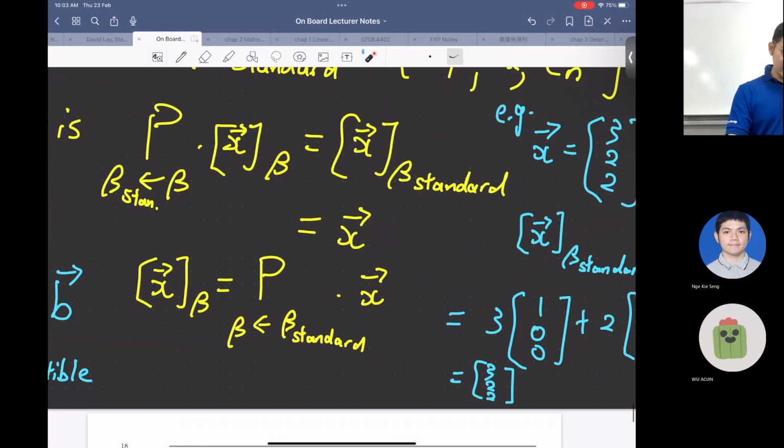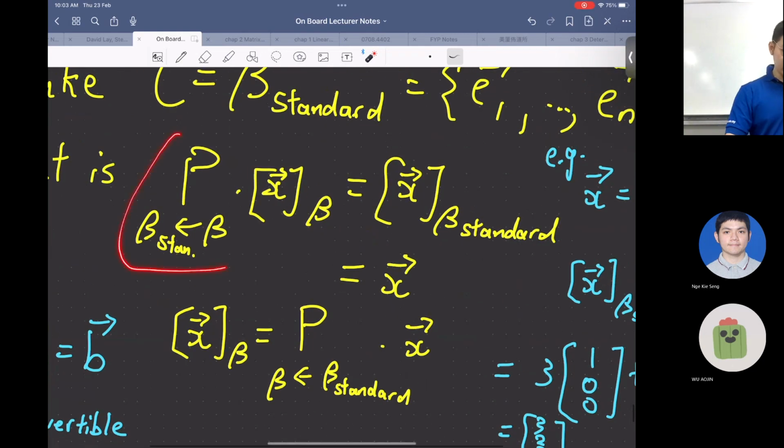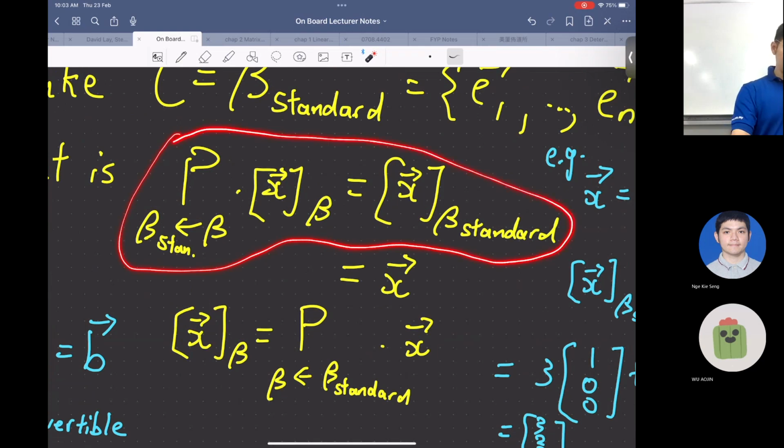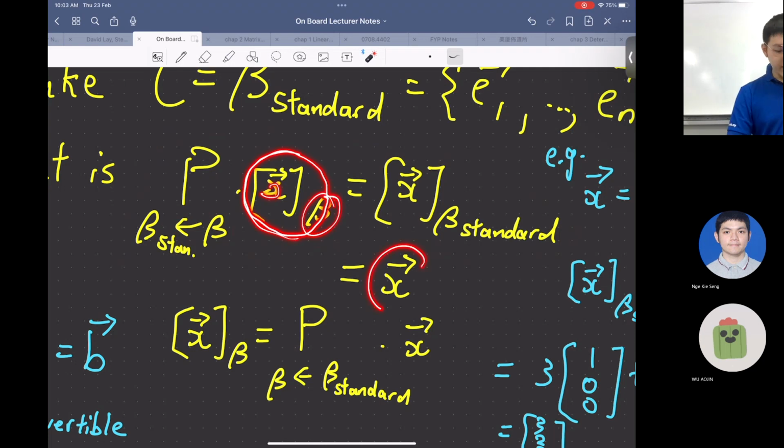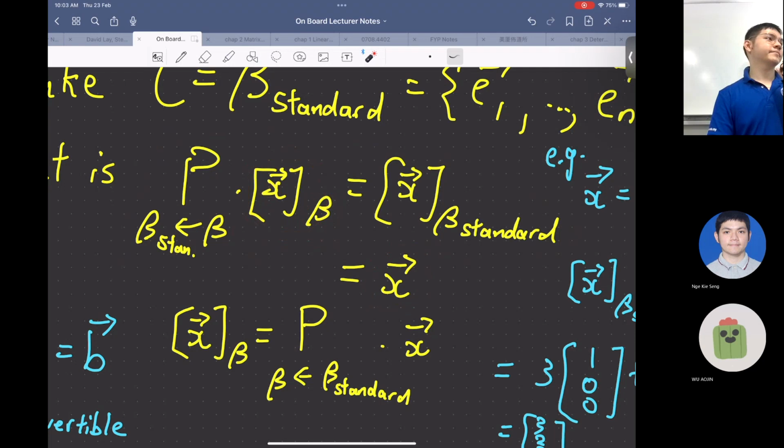Then from this change of basis matrix equation, we can see that if we multiply the change of basis matrix from B to standard basis with the coordinate vector of x in terms of B, we will get x back.